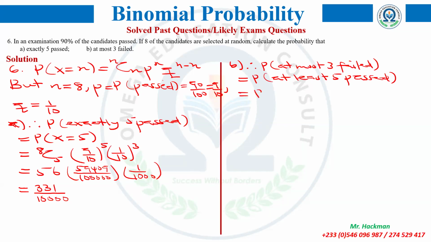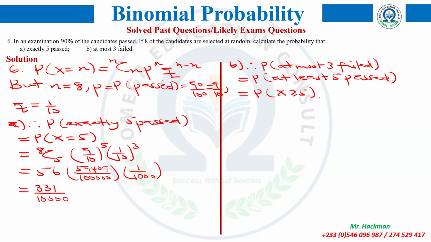Write the inequality first: the probability of x at least 5. At least 5 means 5 or more, so x is greater than or equal to 5.